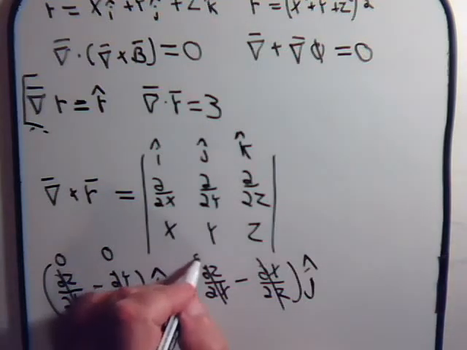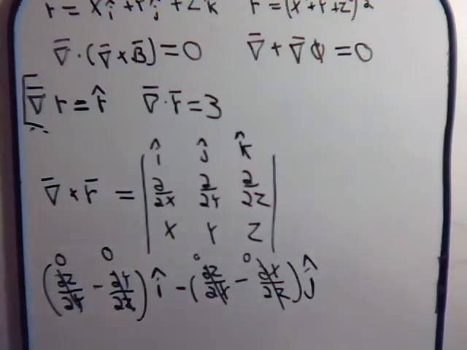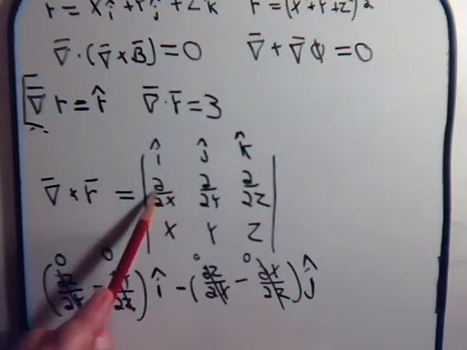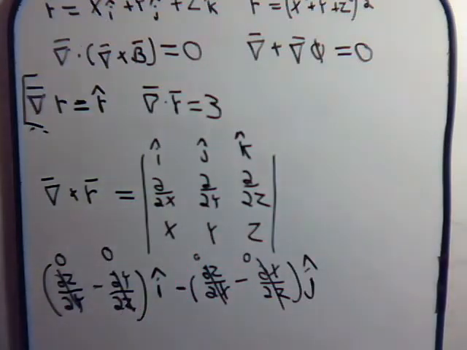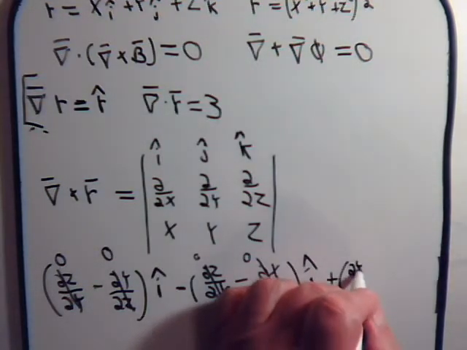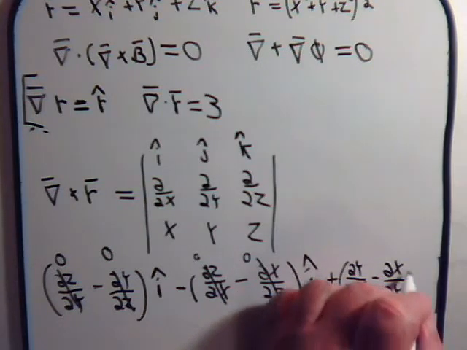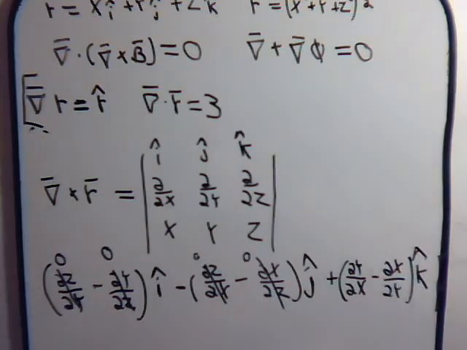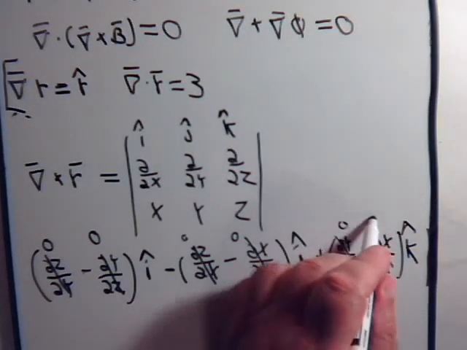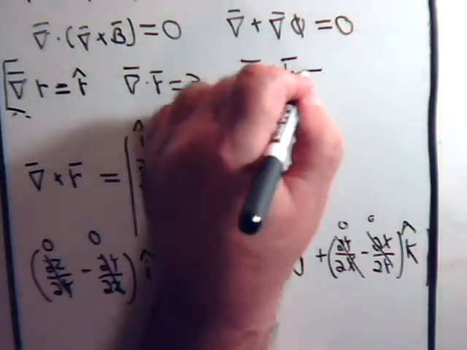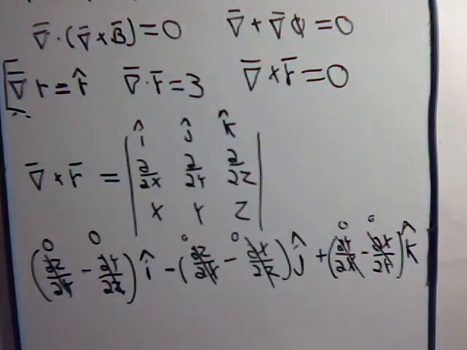So that's 0. And for the k component, of course, we cover up this column and this row, and we work with this 2 by 2 matrix, and that gives us, taking the determinant of that 2 by 2, the partial of y with respect to x minus the partial of x with respect to y for our k component, for both of these are 0. So the curl of the position vector is 0.